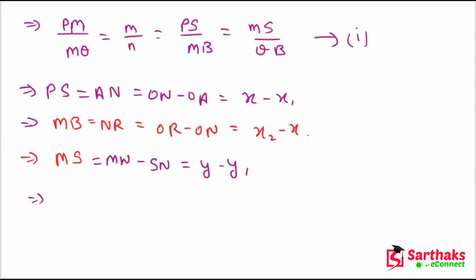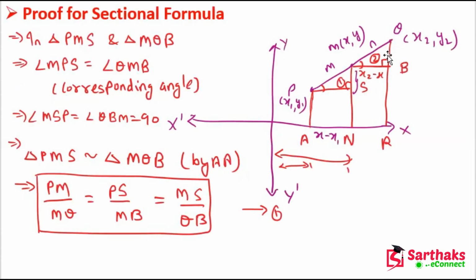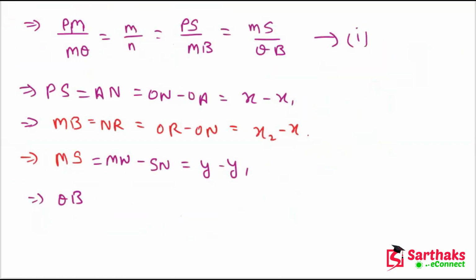Now again we have to find QB. What is QB? This QB is y2 minus y. QB is equal to RQ minus RB, which is equal to y2 minus y1.